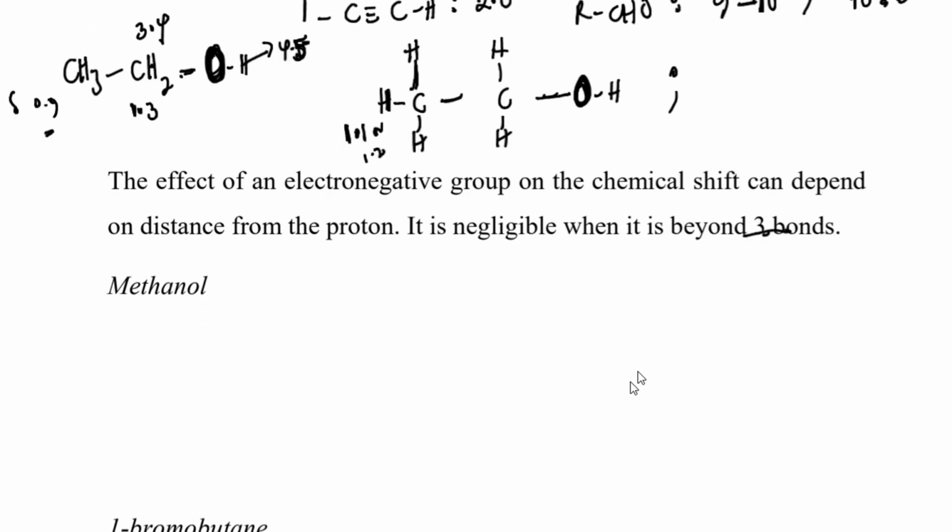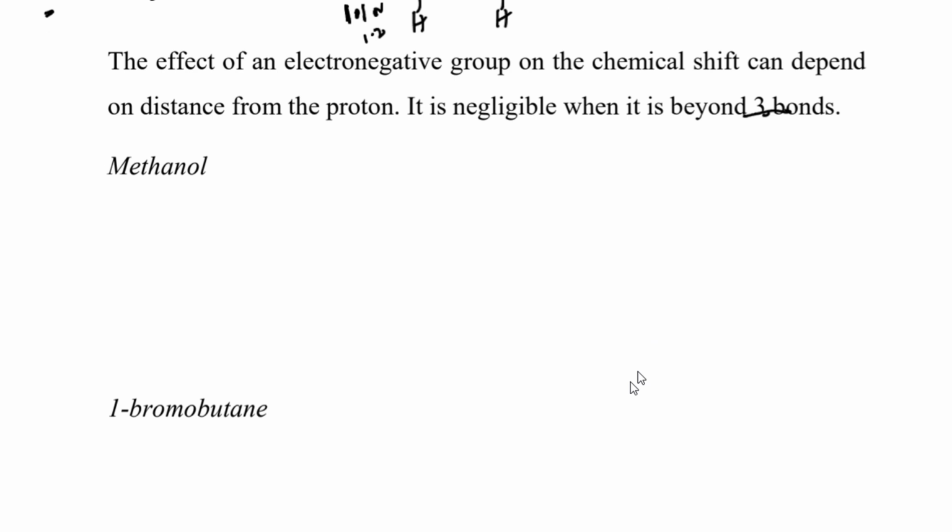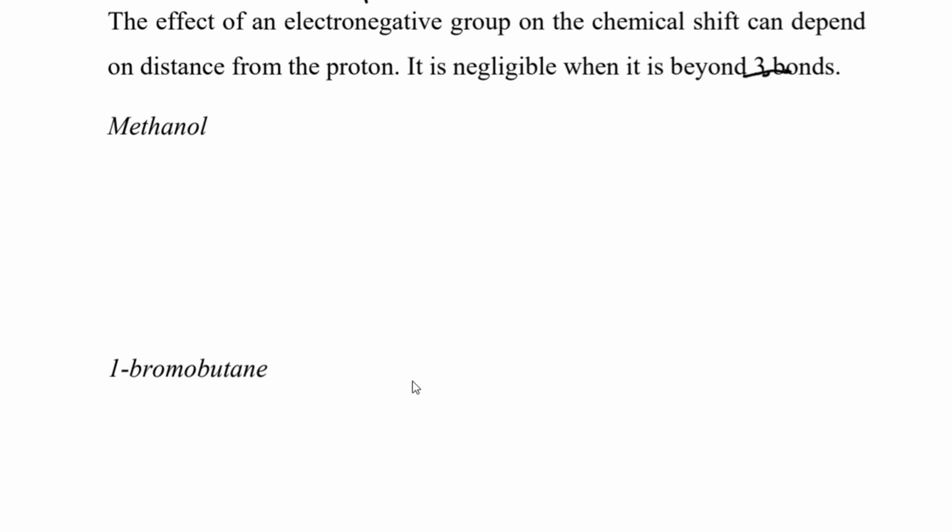So we've seen ammonia, methanol. So now let's look at 1-bromobutane. So 1-bromobutane is CH3, CH2, CH2, CH2, Br, which is also the same thing as, let's draw it out, hydrogen, hydrogen, hydrogen.